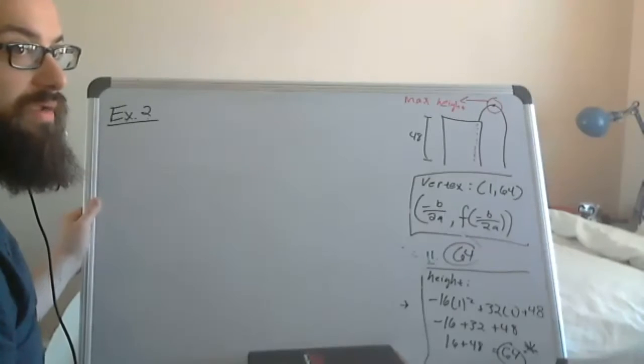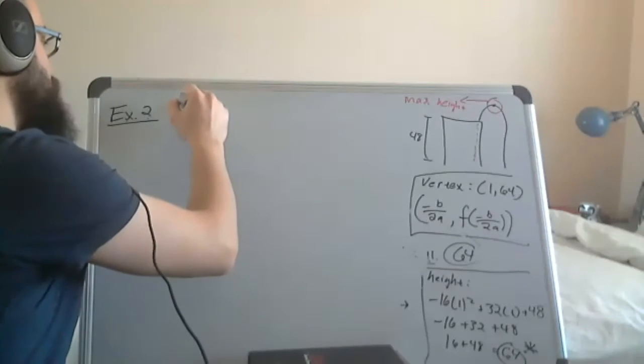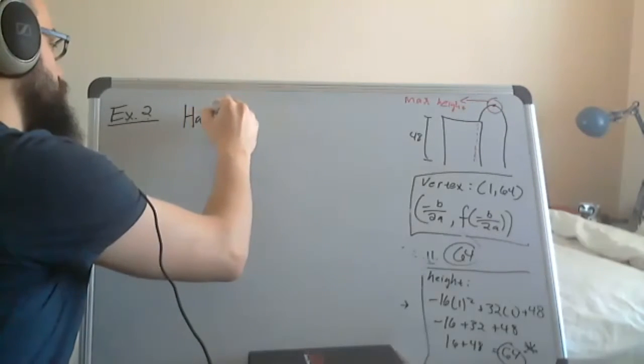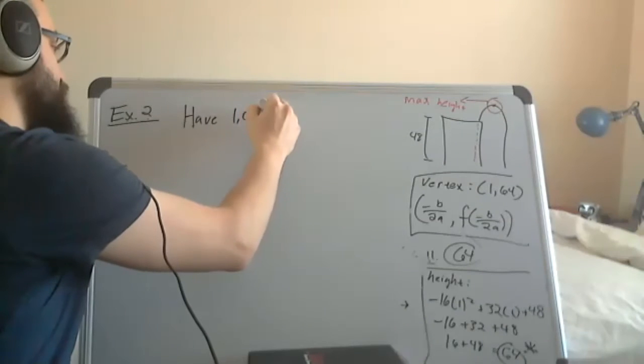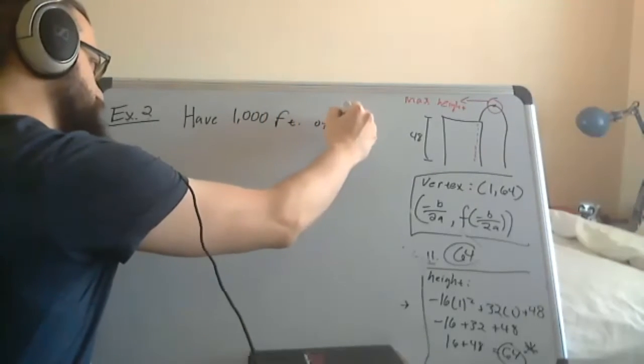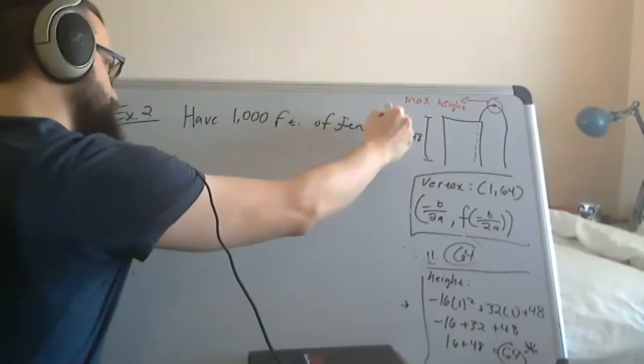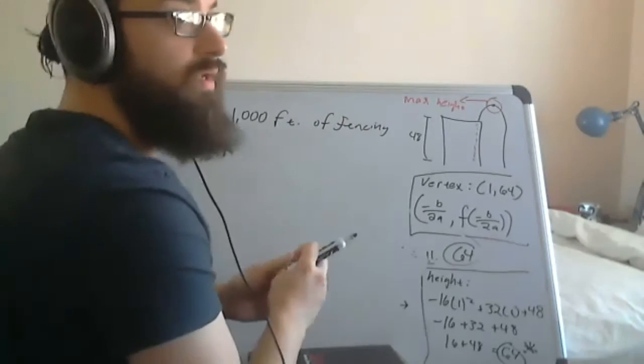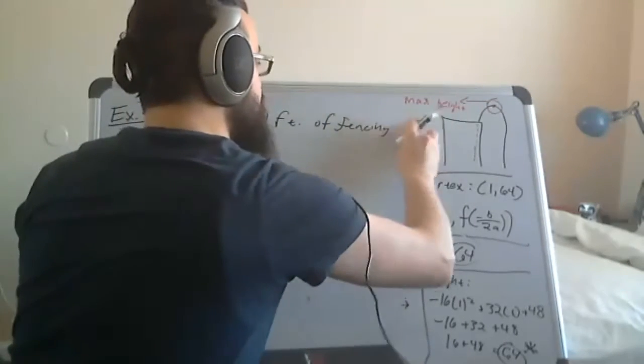Let's say a farmer has, let's say you have 1,000 feet of fencing, and you want to build a rectangular enclosure.